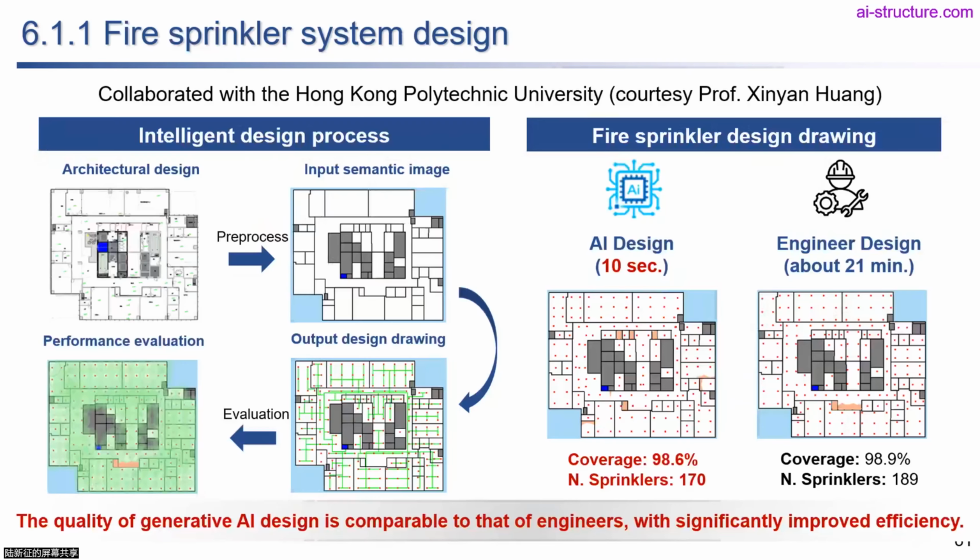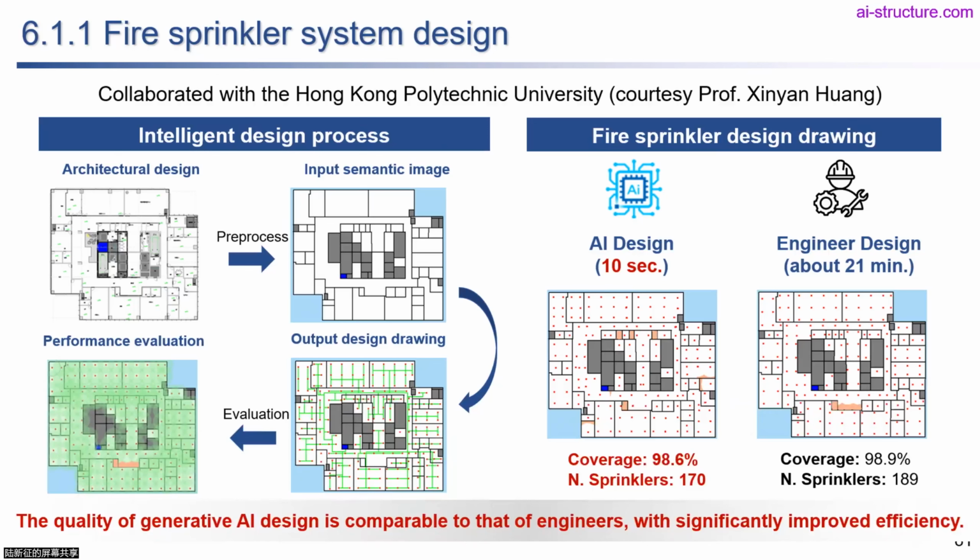This work was done together with Hong Kong Polytechnic University. I think Dr. Lu is here. We can use it for the design of the sprinkler system in a building. We need to fight against fire, so we need to arrange the sprinklers, and the sprinkler layout is very similar to the layout of beams or shear walls that I mentioned.